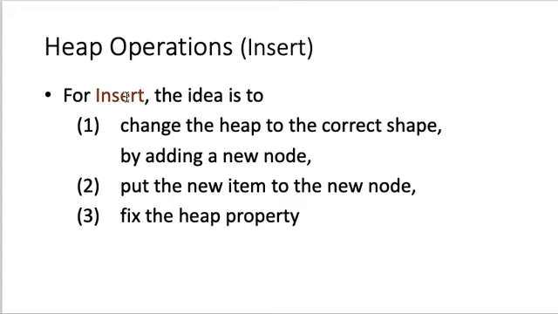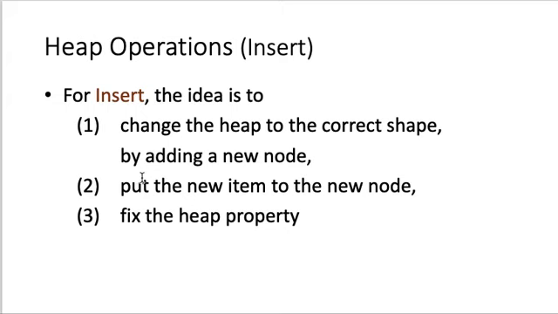Now insert. To support insert, we are going to make changes to the structure of the heap. So this is the idea of how we are going to do it. First of all, when we perform insert, we will first change the heap so that the shape becomes correct. Because we now have one more item, we need to change the shape so that we can accommodate the new item, and we add a new node correspondingly.